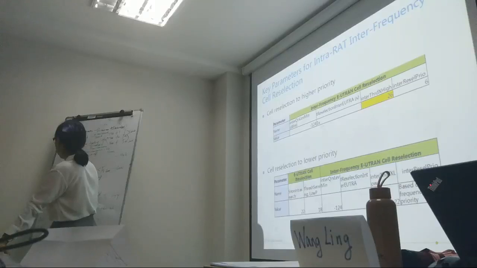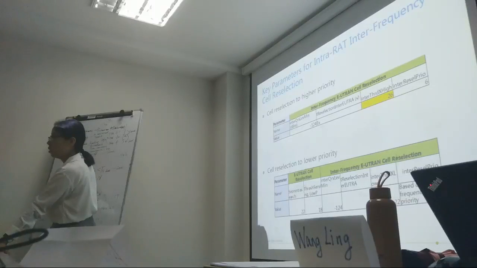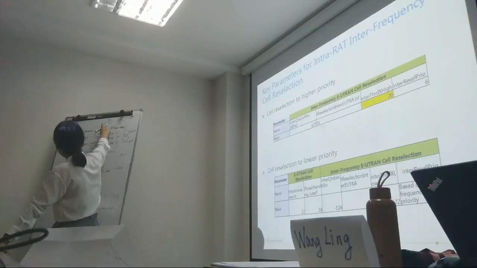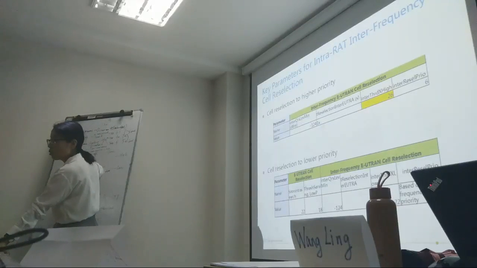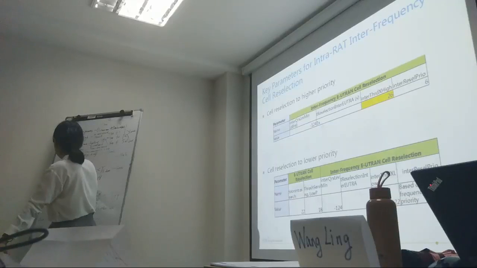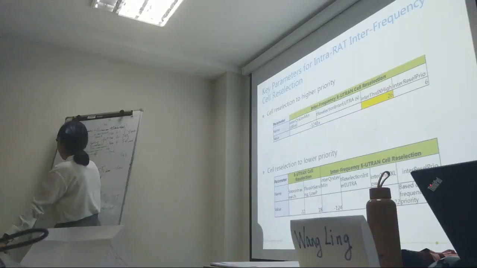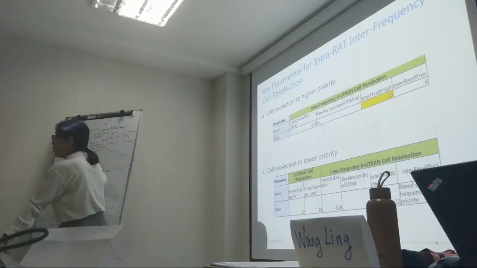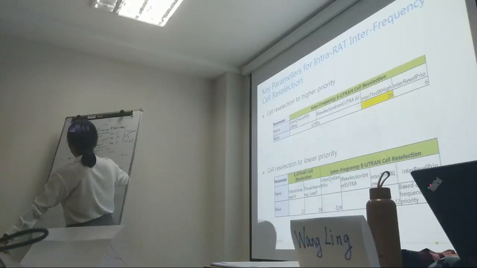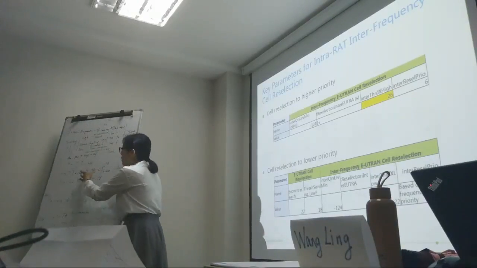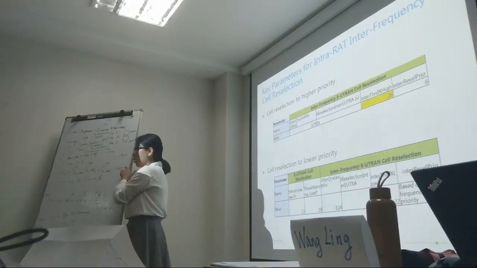The neighbor cell is greater than minus 102 or 106? Here is minus 124 at 22. Minus 102. If the neighbor cell is greater than minus 102, and the serving cell is less than minus 106, only at this condition will I let the UE in.